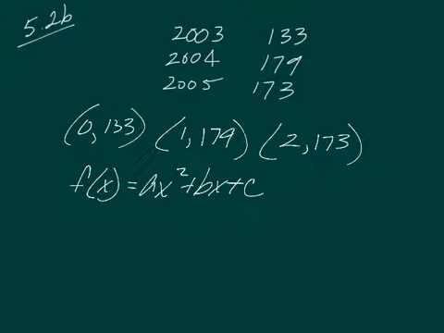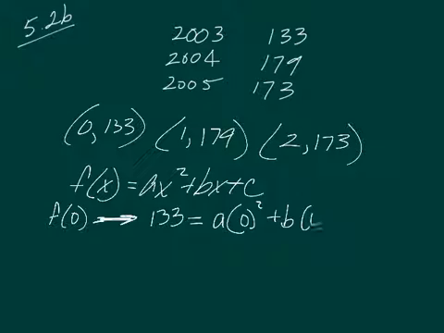When x is 0, my y value is 133, equals, and my x is going to be 0. So when I plug that in, I'm just going to get c.